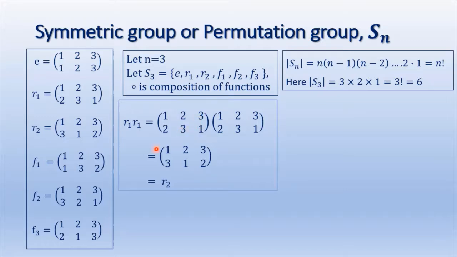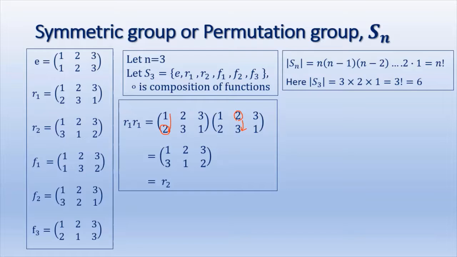Now you are going to find the composition of the function. So here 1 goes to 2. So you collect that 2. In the second function, you consider 2, and what is the image of that 2? 3.